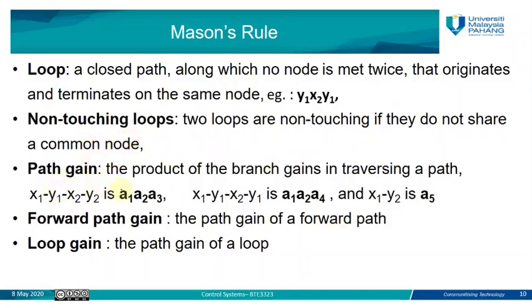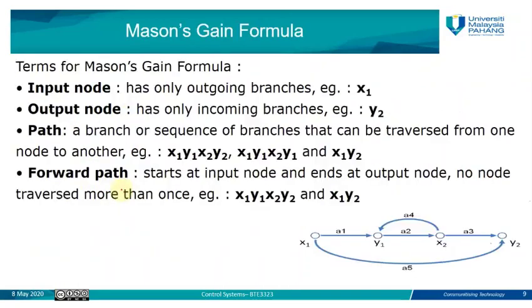Path gain. We already defined the path, and we said, for example, here we have three paths actually: x1 y1 x2, and also x1 y1 to x1 y2. All this we call a path. But when we say the path gain, that means it represents the product of all gains of the path.